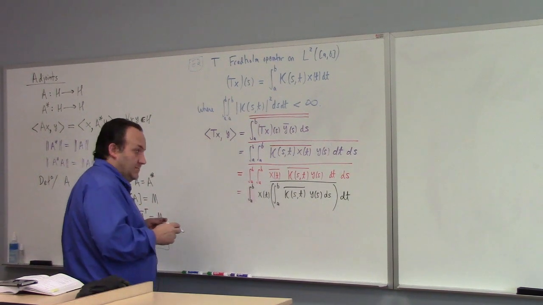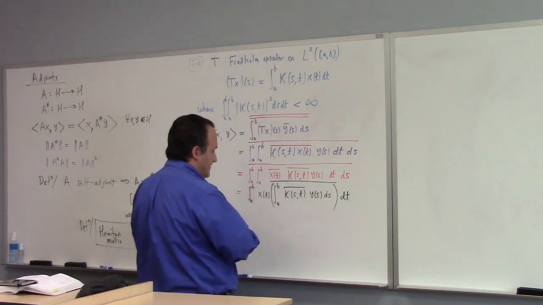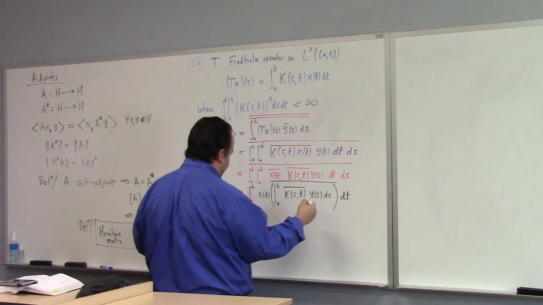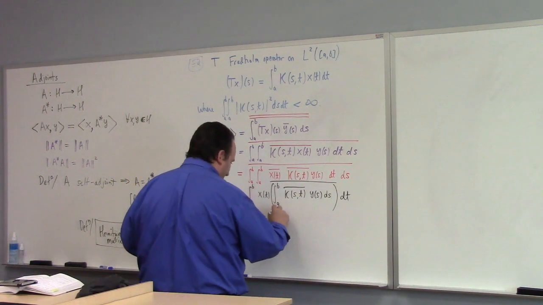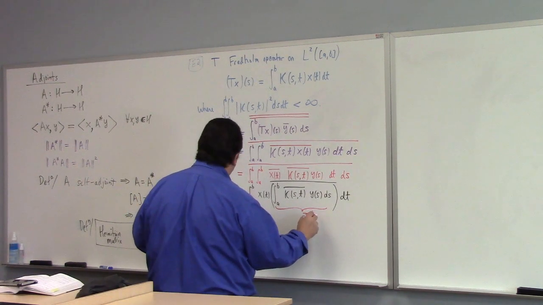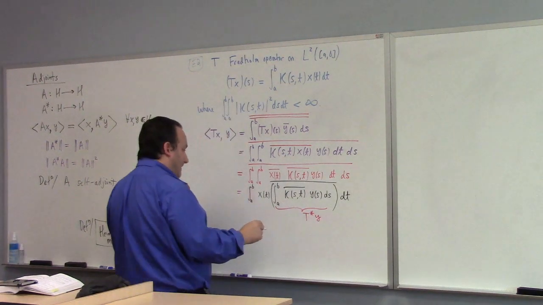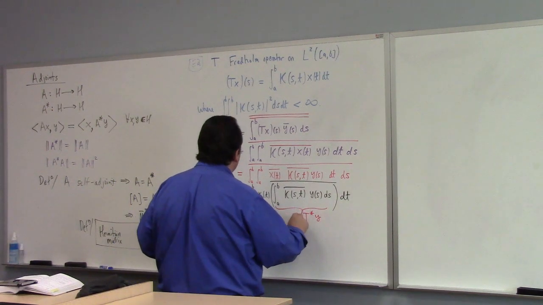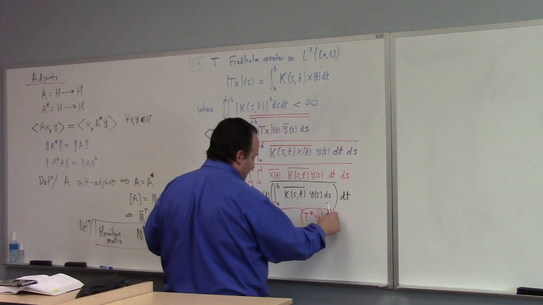So T is T, so this is T x, y. What's under the bar we could say is the T star acting on y of, no, of t.